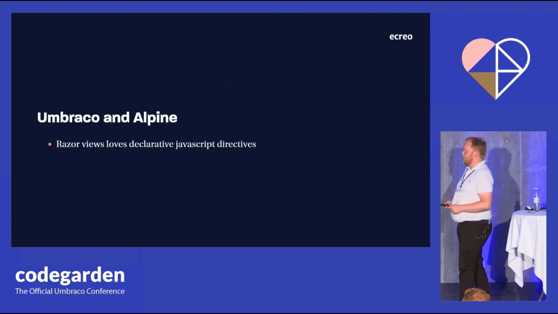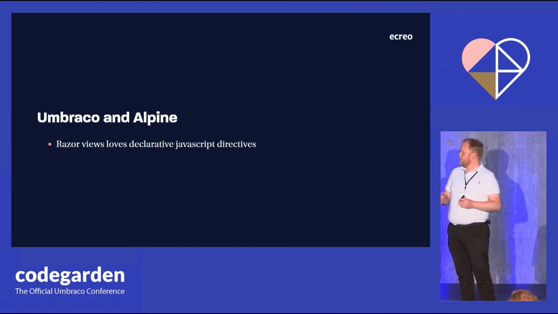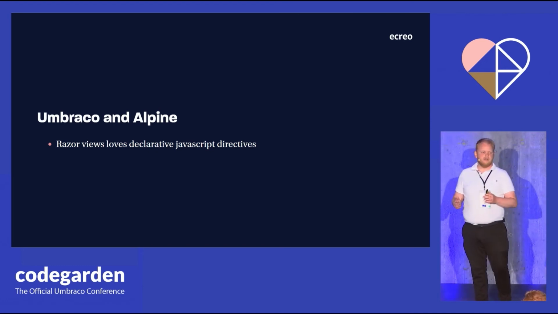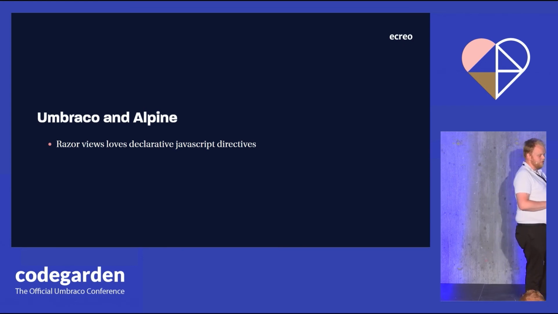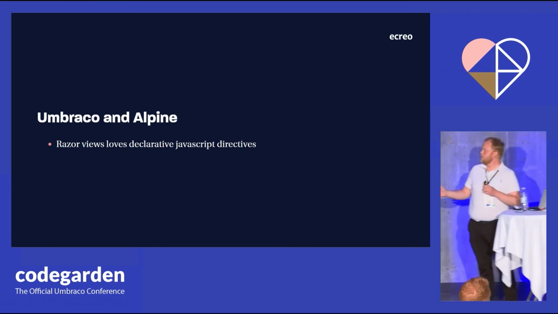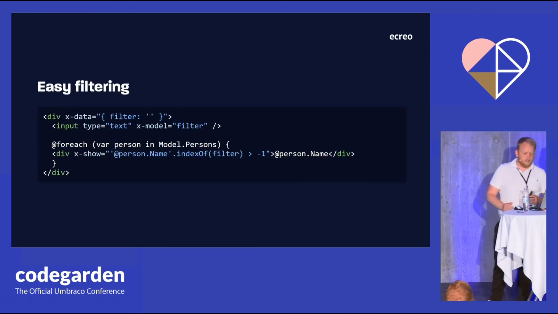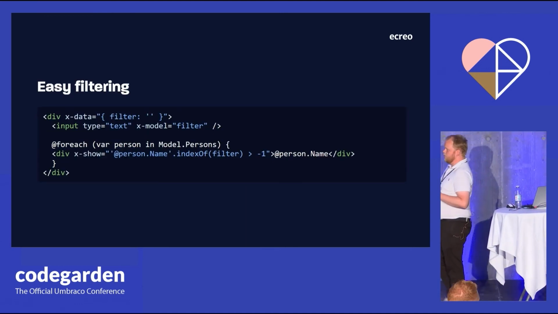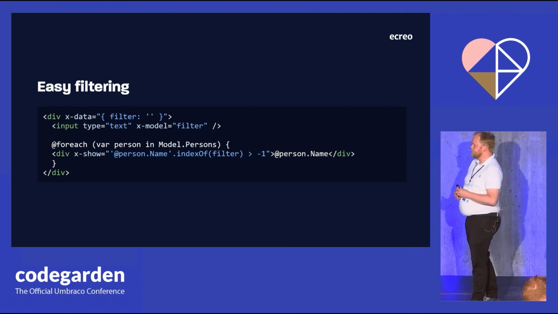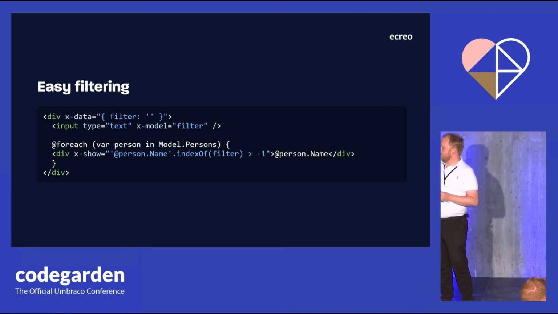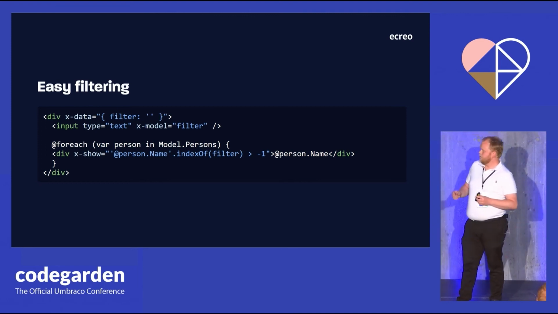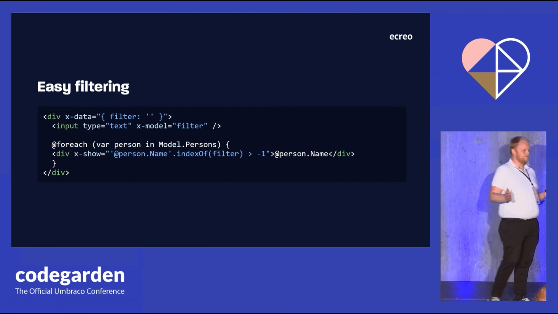So Umbraco and Alpine, Razor views and other server-side rendered apps really love these declarative JavaScript directives because you can add them in your Razor views as you see fit. An example here is if you need to filter a list of persons. We have a Razor loop here for looping through each person in a list of persons.